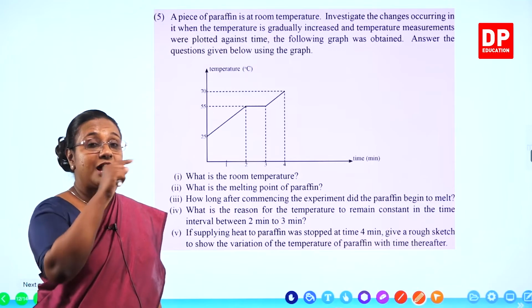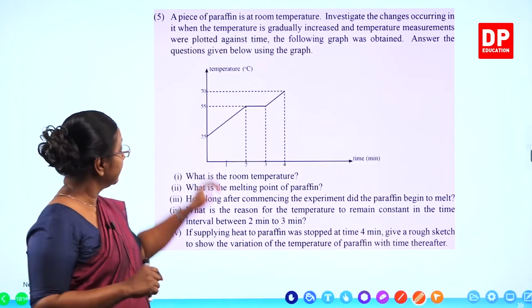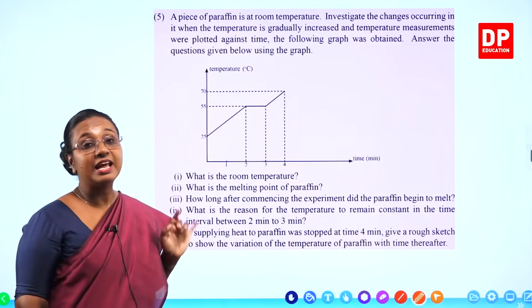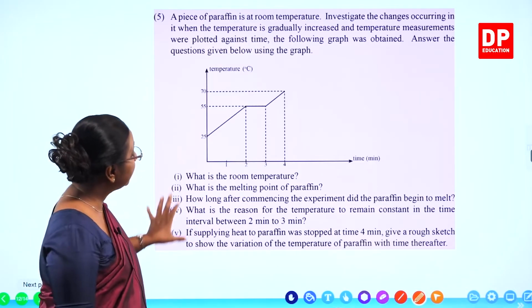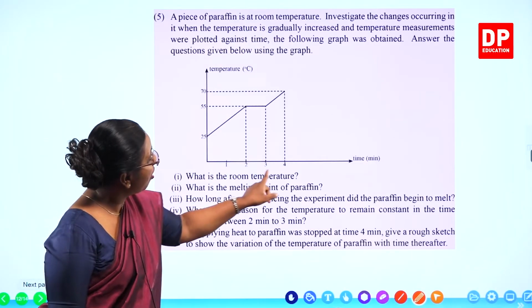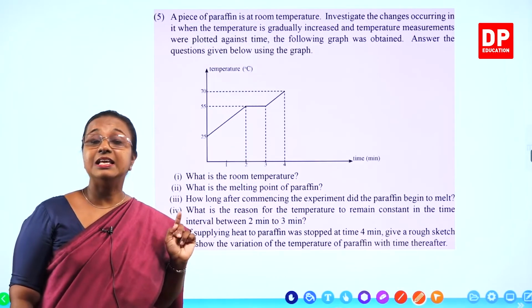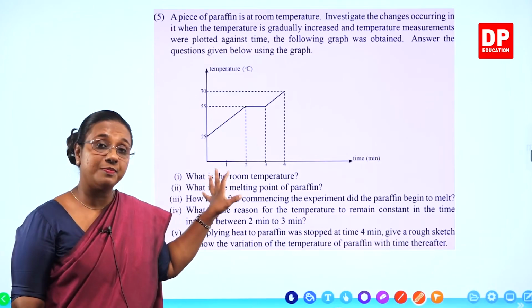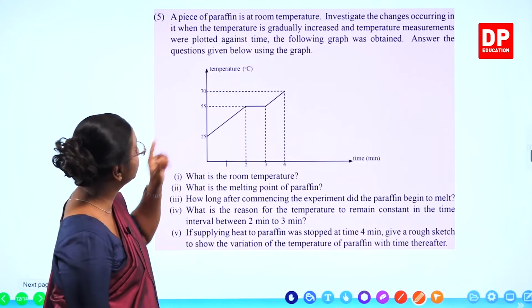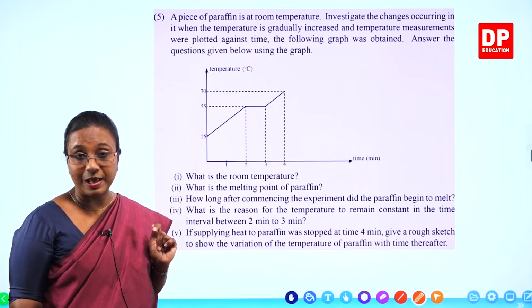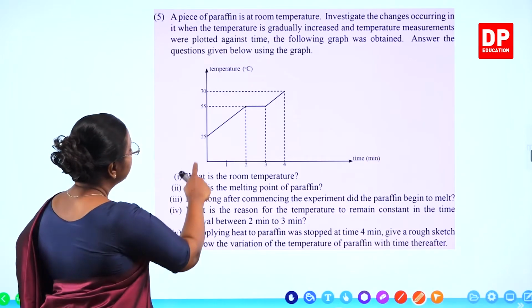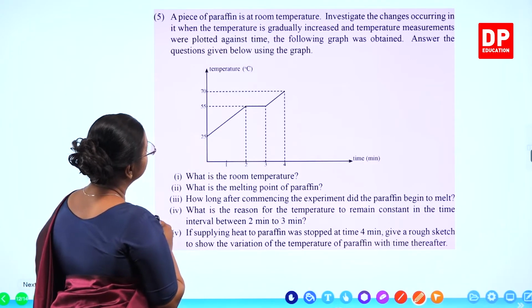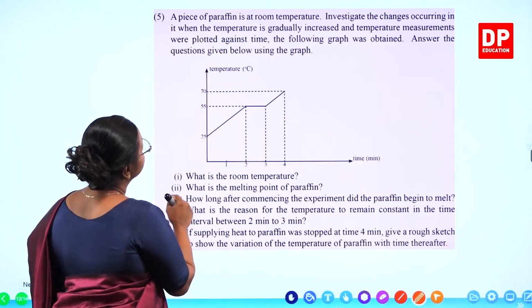We saw that there were no lines. The values were not directly indicated to us. But in this graph, you can see all the values have been indicated clearly. So we can get a very good idea from this graph about what happens to paraffin at room temperature on heating. Here you can see the initial temperature is given as 25 degrees Celsius.